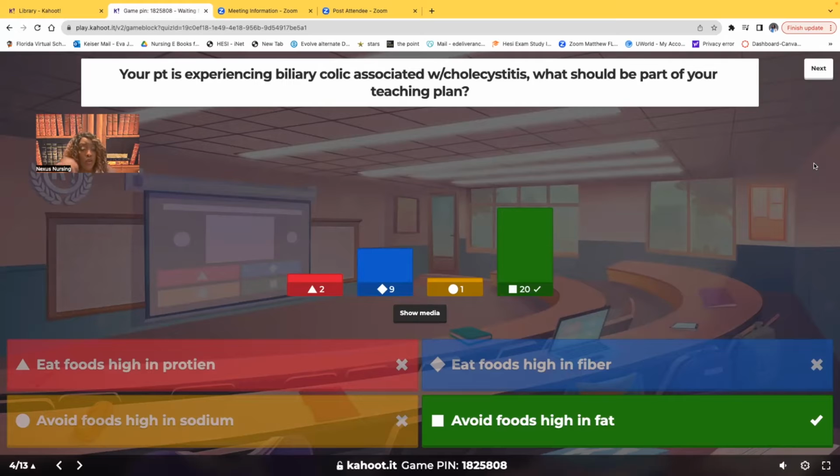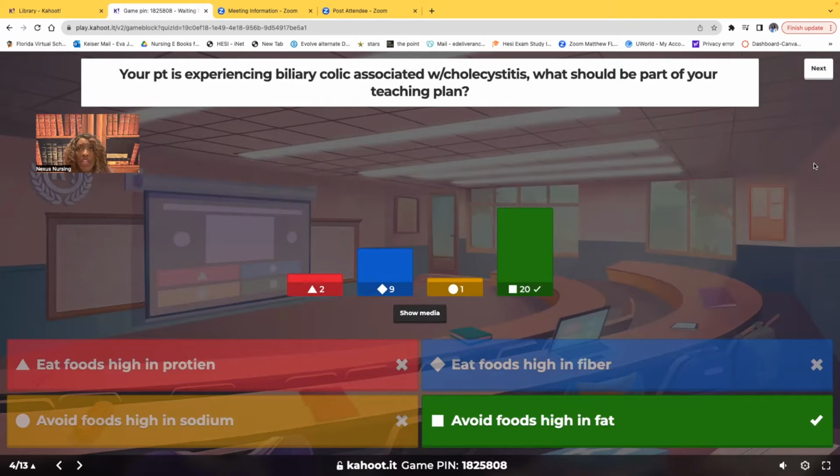Now let's look at the wrong answer choices. Eat foods high in protein, that's not associated with the gallbladder. If the patient had a wound, because remember, protein's good for wound healing, protein's good for muscles, something like that. But this is the gallbladder we're talking about. Next, avoid foods high in sodium.